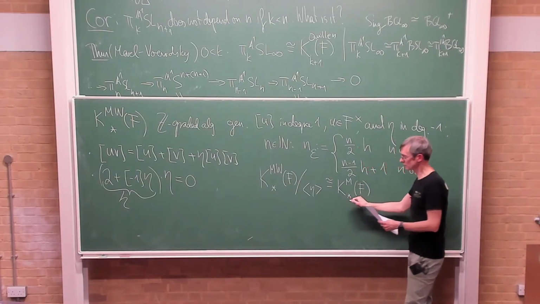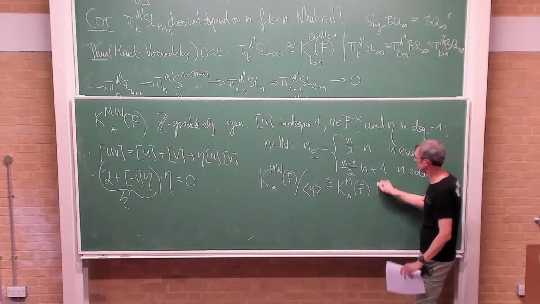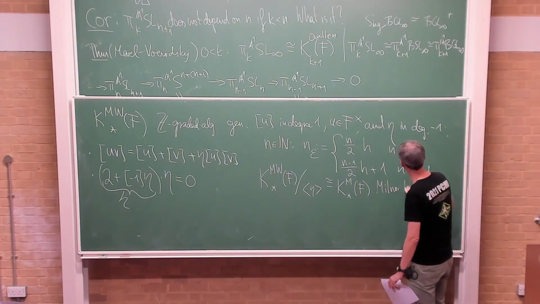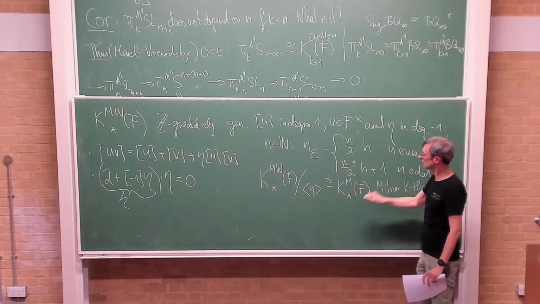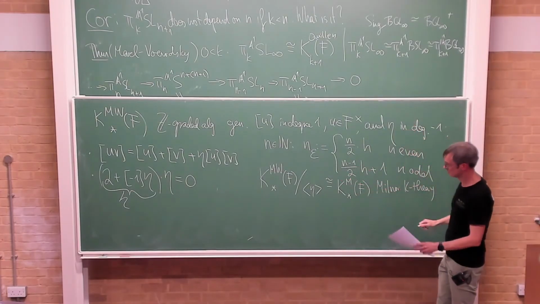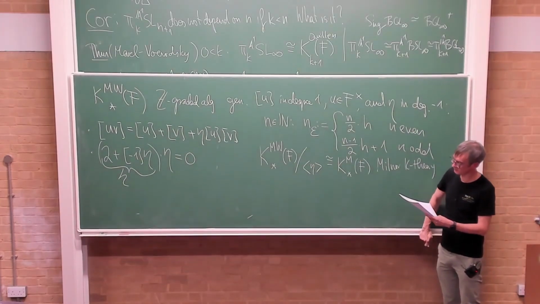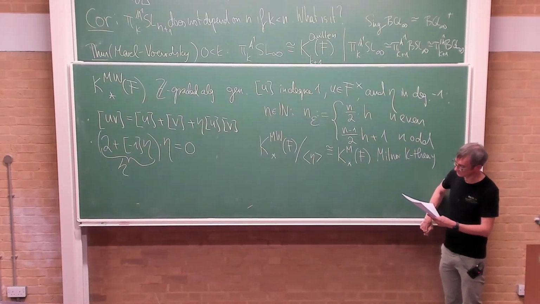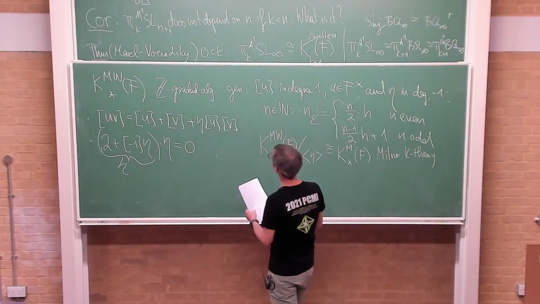This is a non-negatively graded ring, Milnor K-theory. Okay, so we have this Milnor-Witt K-theory, Milnor K-theory, Quillen K-theory. That's all the flavors of K-theory, I think.